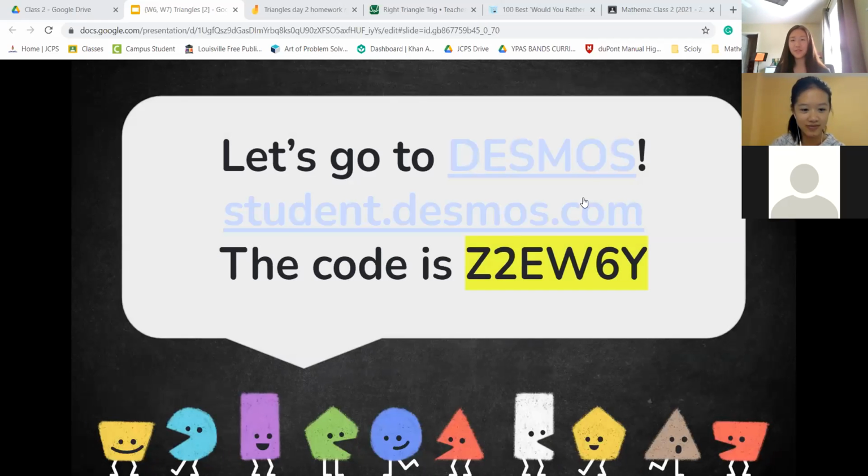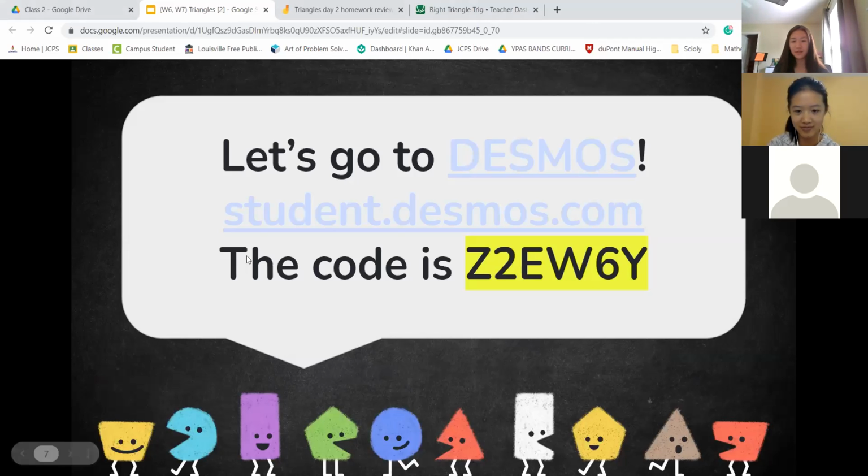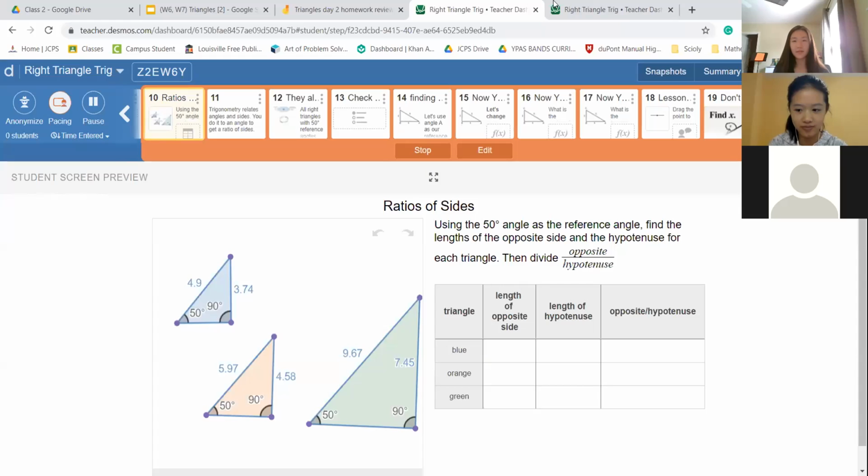So now we're gonna do a Desmos activity. You're gonna go to student.desmos.com. I'm gonna stop sharing my screen now because I don't want to show the teacher dashboard.